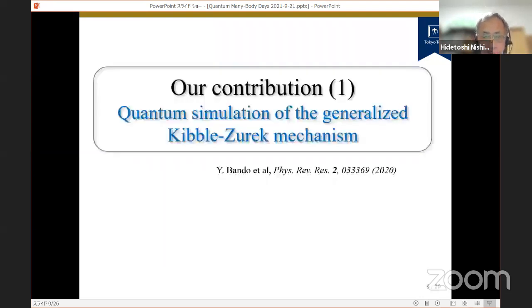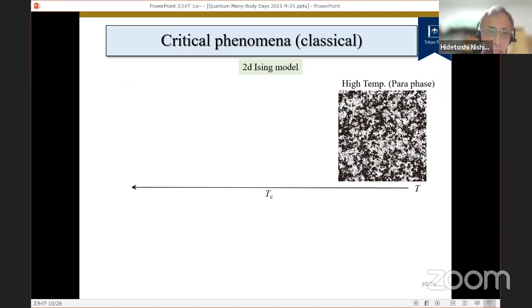So we made some contribution to this aspect of quantum simulation relatively recently using the Kibble-Zurek mechanism. So let me introduce the Kibble-Zurek mechanism briefly in the context of the classical two-dimensional Ising model.